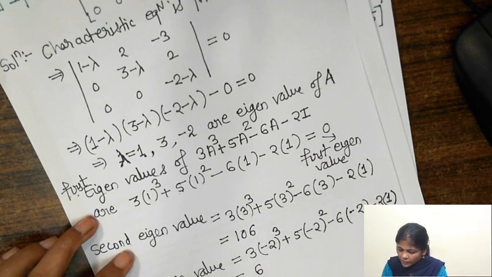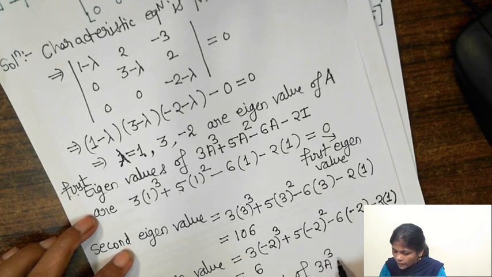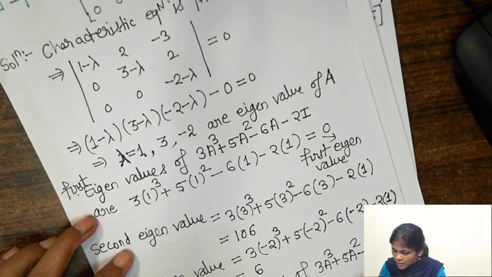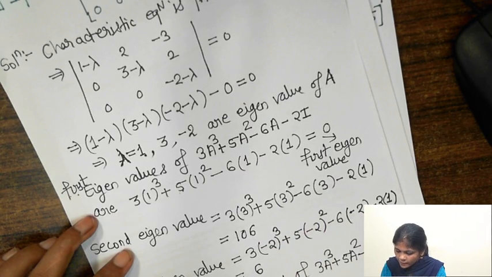So in this way, the required eigenvalues of 3A cube plus 5A square minus 6A minus 2I are, the first one which we have got is 0, the second is 106, and the third one is 6.